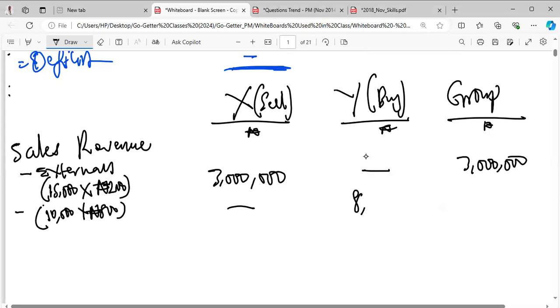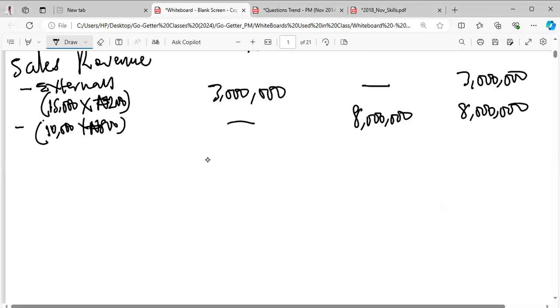Now that we've done external, let's go down to the internal. Internal is going to be done by only the X. So X is selling 20,000 internally at the variable cost of 105.